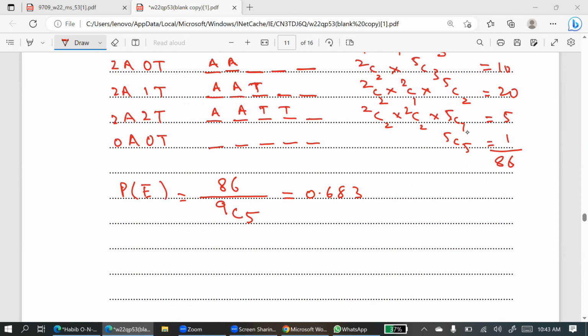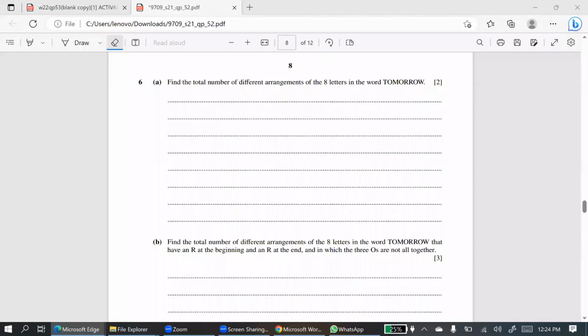क्वेश्चन देखिए। Look at question number 6. This question is from June 21. Find the total number of different arrangements of the 8 letters in the word tomorrow.